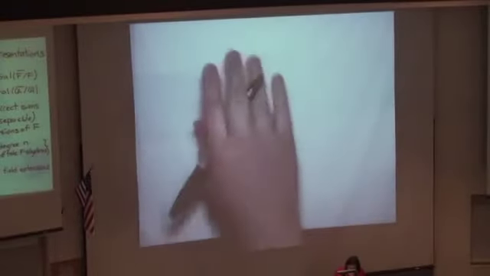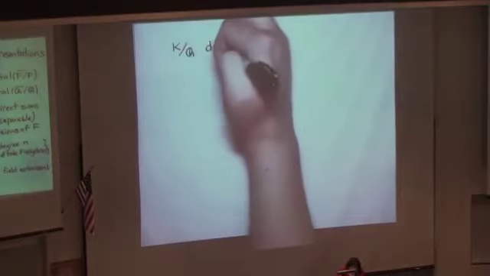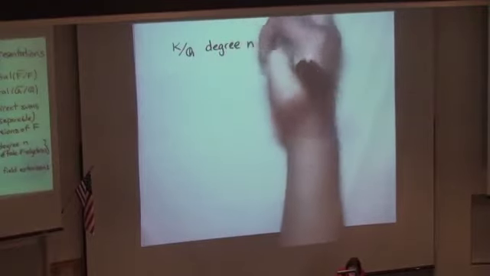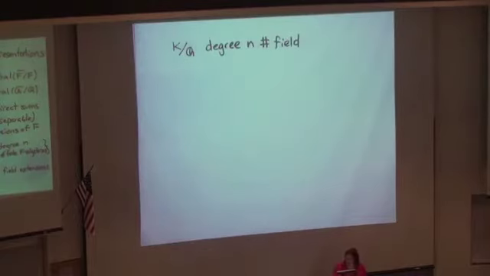Say we have K over Q, a degree n number field. That's an example of a degree n étale Q-algebra. And in particular, it's a field extension, so that should correspond to a transitive Galois representation.